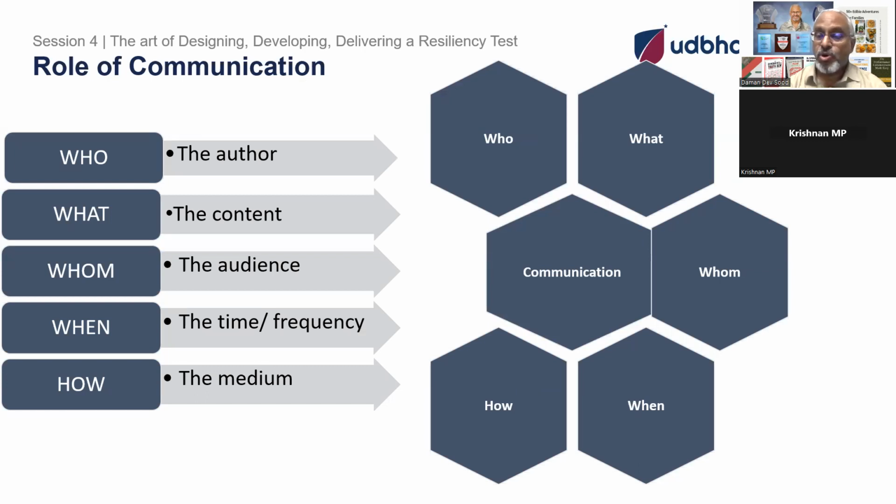When is the time or frequency? Issued at 6 a.m. or 6 p.m., to be issued at 12 noon, every Monday, once in 3 months, etc. And the last one is how, which means the medium that you will use for this communication.